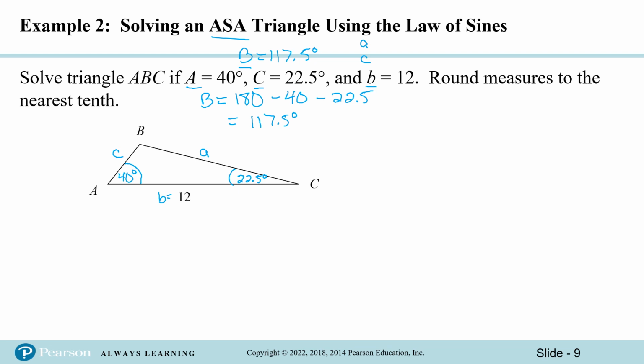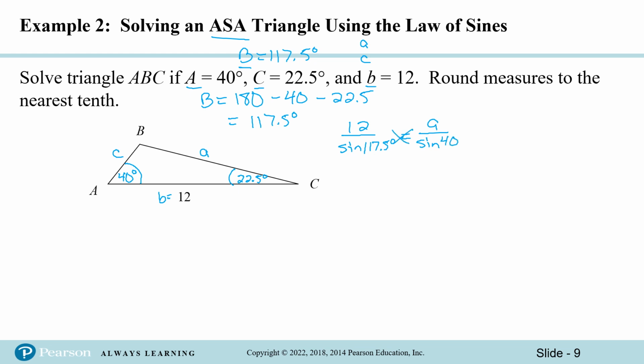So we're going to take the side that we know divided by the sine of that angle, 117.5, and set that equal to, I don't know, let's do side A, over the sine of angle A, which is 40.